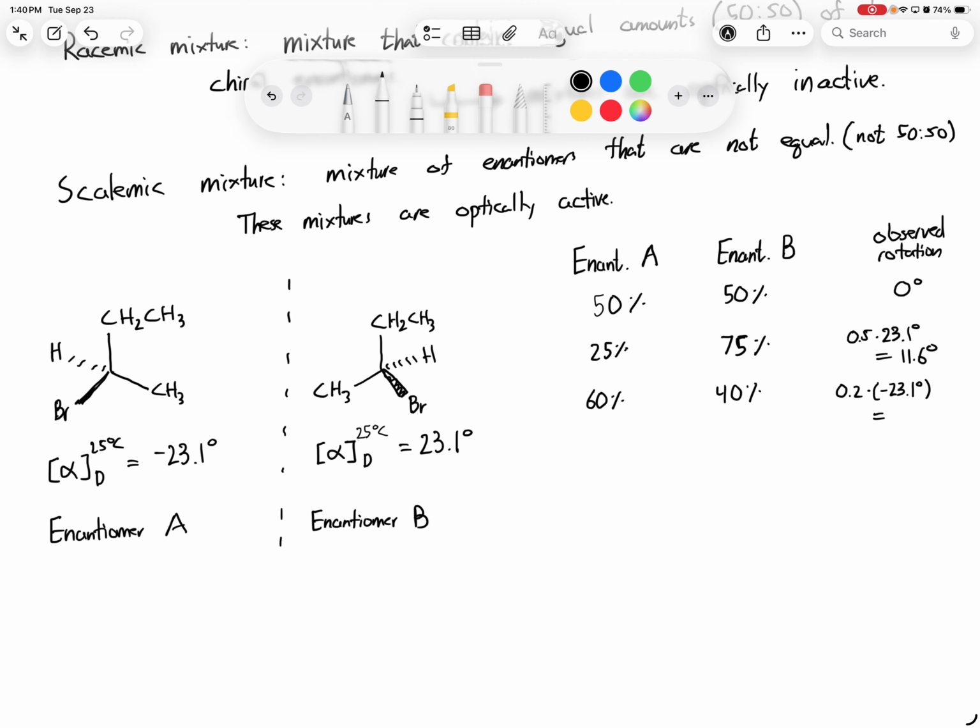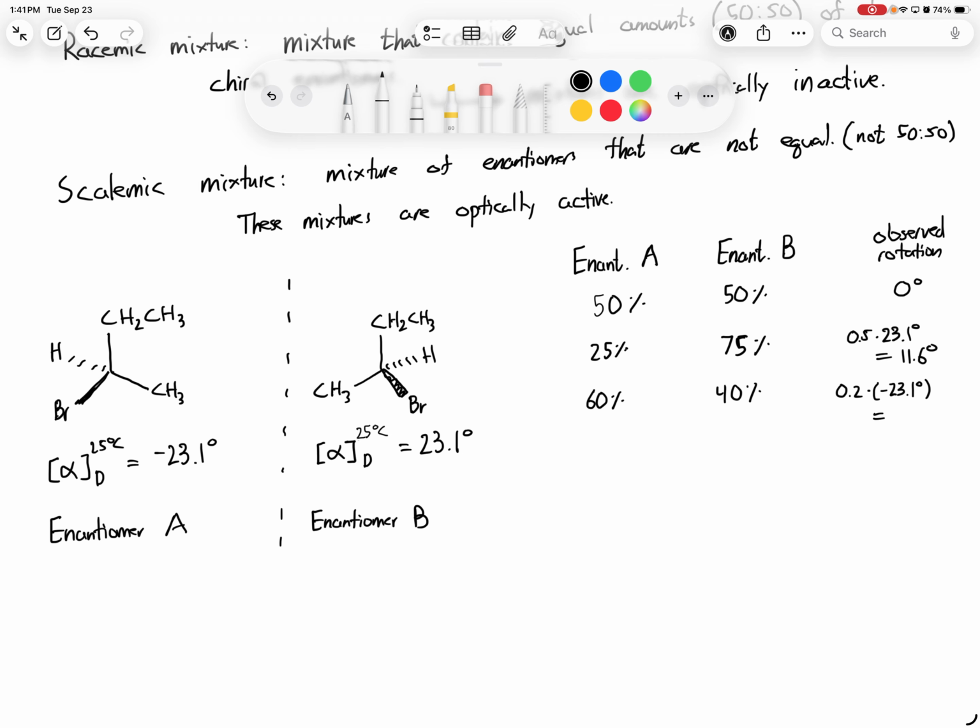Can you remind me, the negative 23.1 degrees, what are you calling that term? That's our specific rotation. So observed rotation always takes into account the excess you have and then the specific rotation of that specific enantiomer.